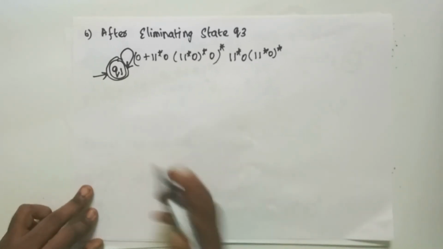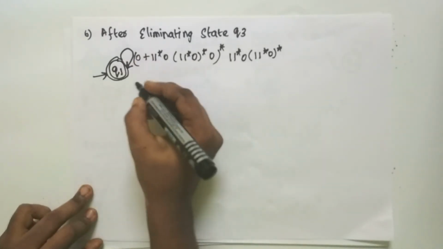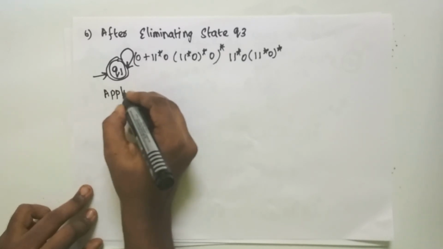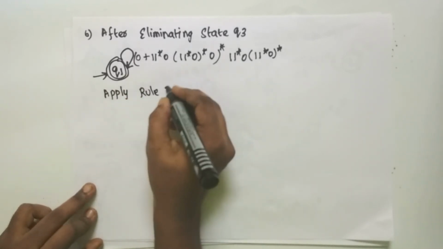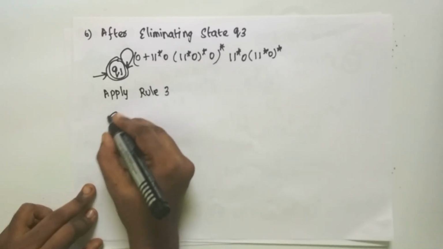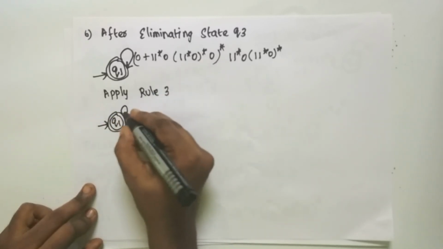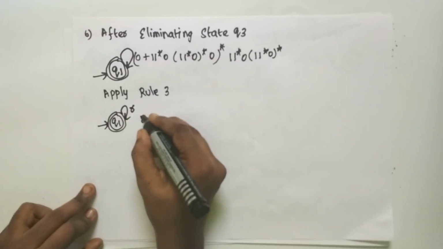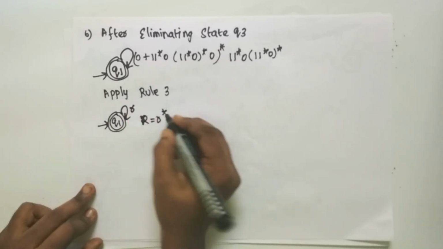So now step number 6 is apply rule number 3 to find the regular expression. Rule number 3 is whenever you have a single initial and a final state with the regular expression R, then capital R will be equal to the closure.